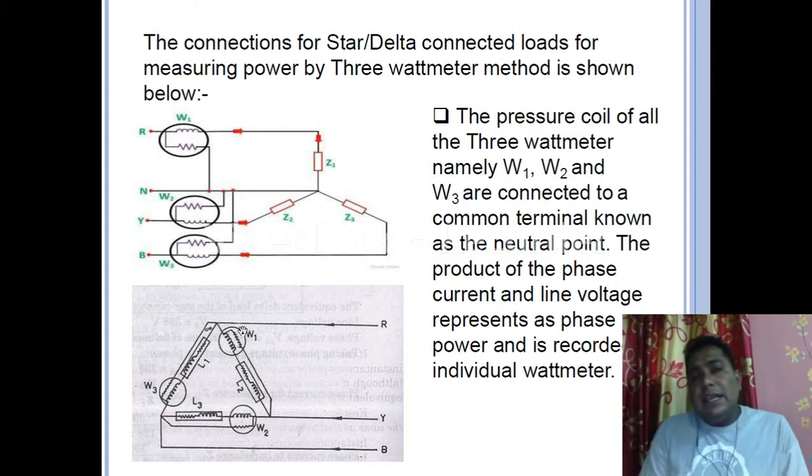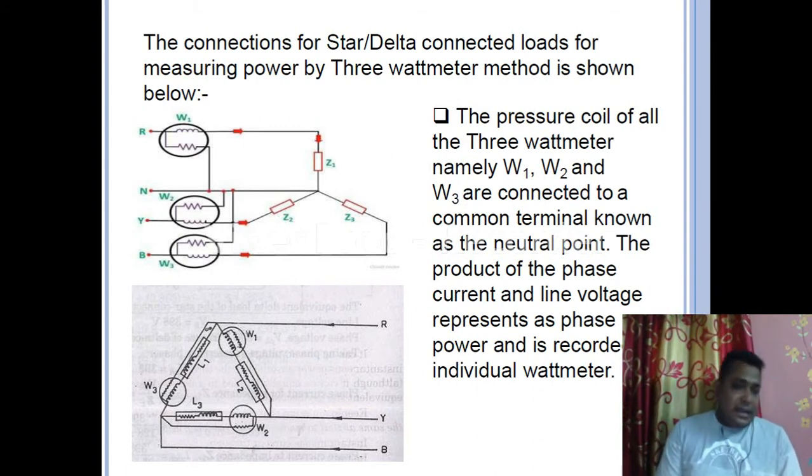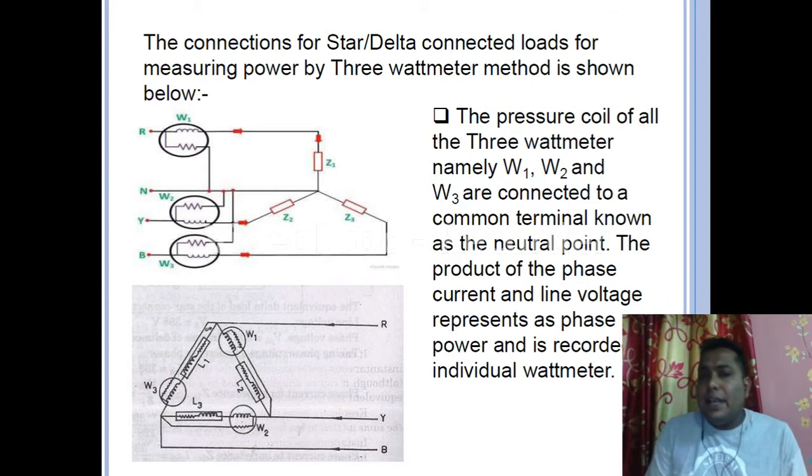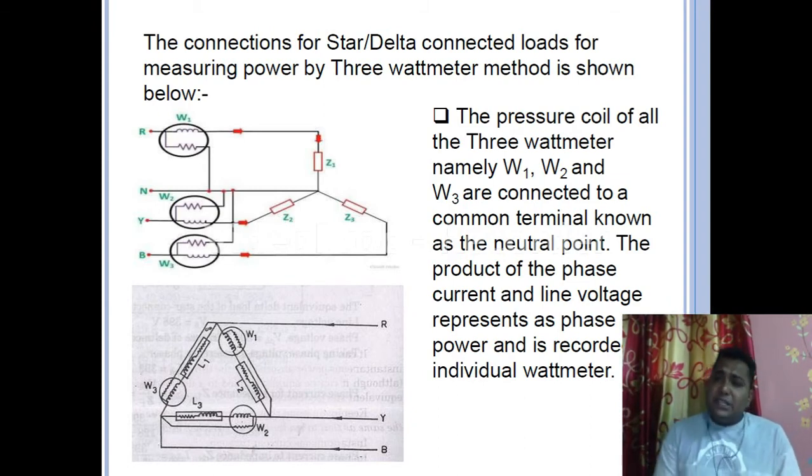But in case of delta, it doesn't have any neutral line, so you cannot say that there is a neutral line. So let us check what is written over here. The pressure coils of all the 3 wattmeters, namely W1, W2 and W3, are connected to a common terminal known as the neutral point, already discussed. The product of the phase current and the line voltage represents the power and is recorded by each individual wattmeter.